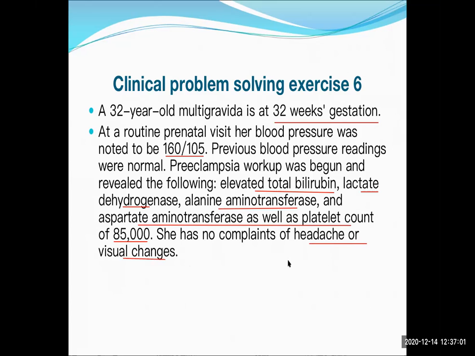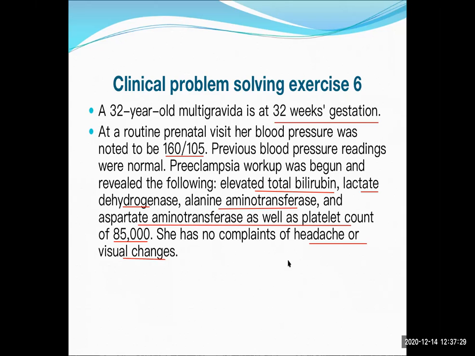HELLP syndrome, sir. Exactly. This is a clear-cut case of HELLP syndrome. Though the features of hemolysis are not given, we don't need all those features together. There is damage of the liver, which is proven by elevated liver enzymes and elevated total serum bilirubin, and there is a low platelet count of 85,000.